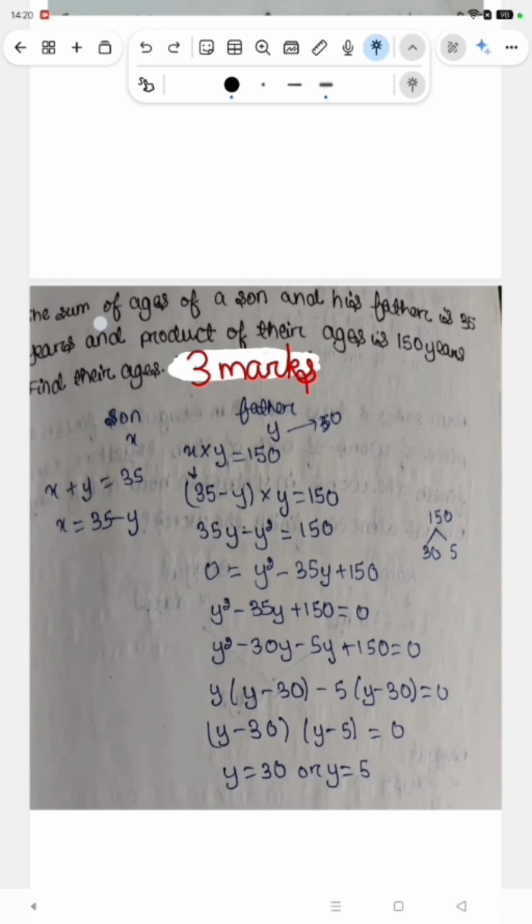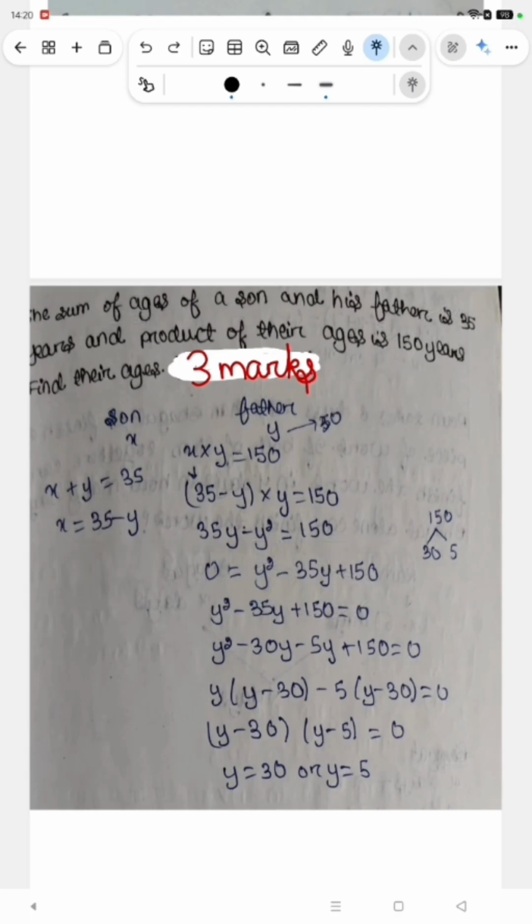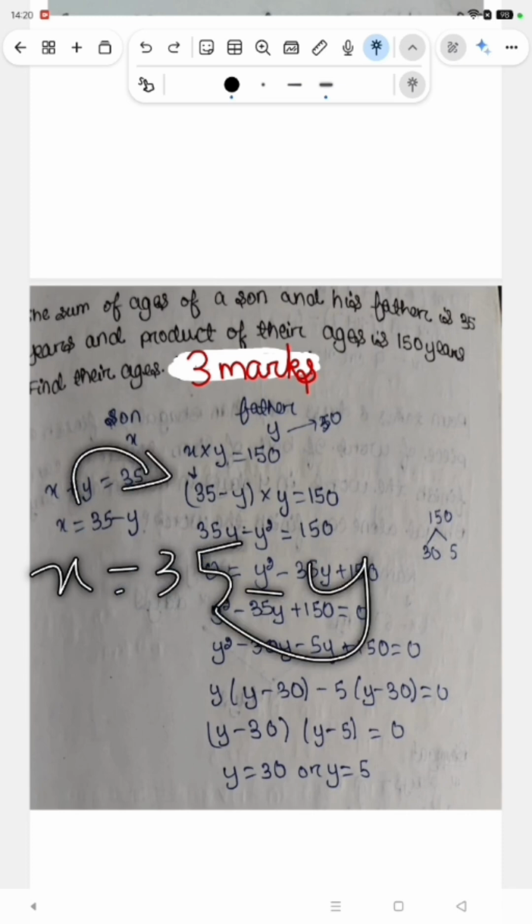The sum is given, so x plus y equals 35. Then x equals 35 minus y, shifting y here so it becomes minus y.